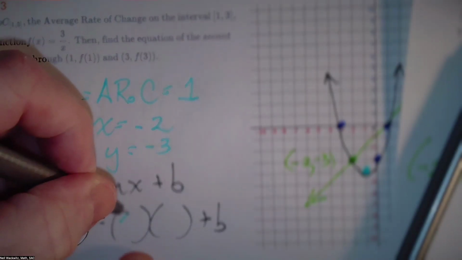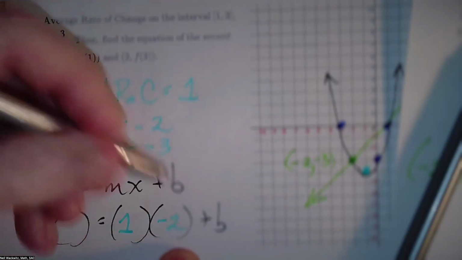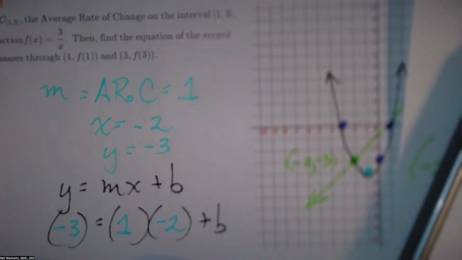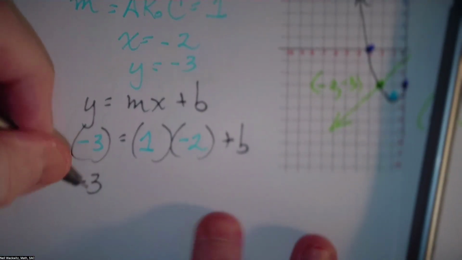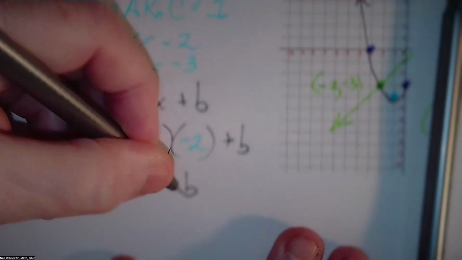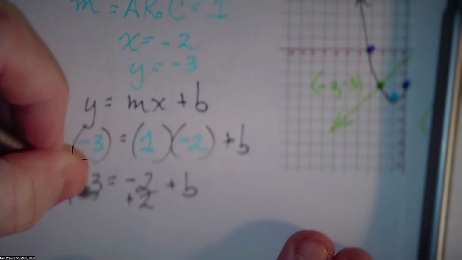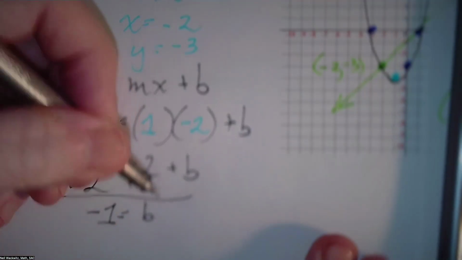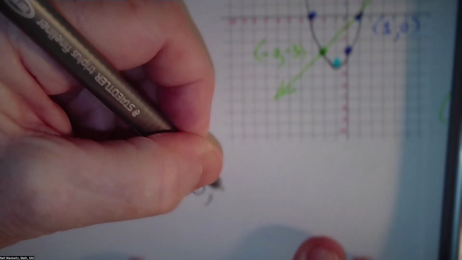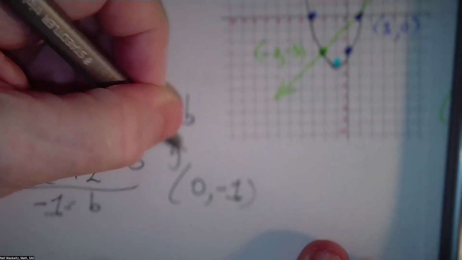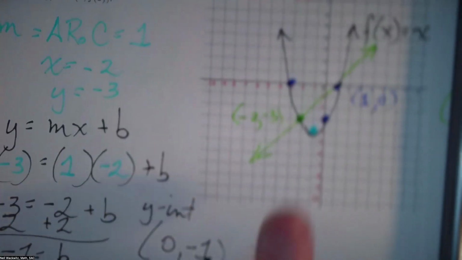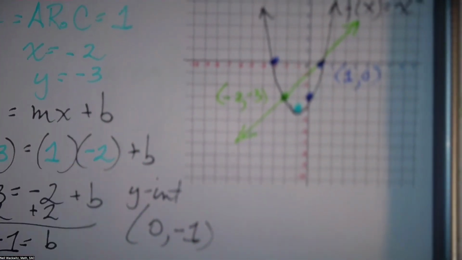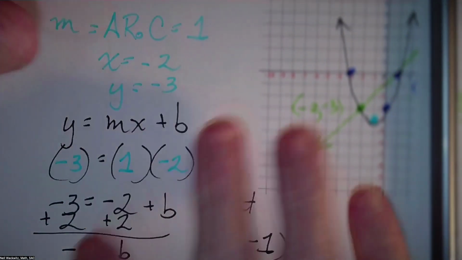So let's see, the slope is 1, x is -2, y is -3. And again, this is easy. So we get -3 is equal to -2 plus b. If we add 2 to both sides, we get that -1 is equal to b, so that the y-intercept is 0, -1. And that's how we drew it.